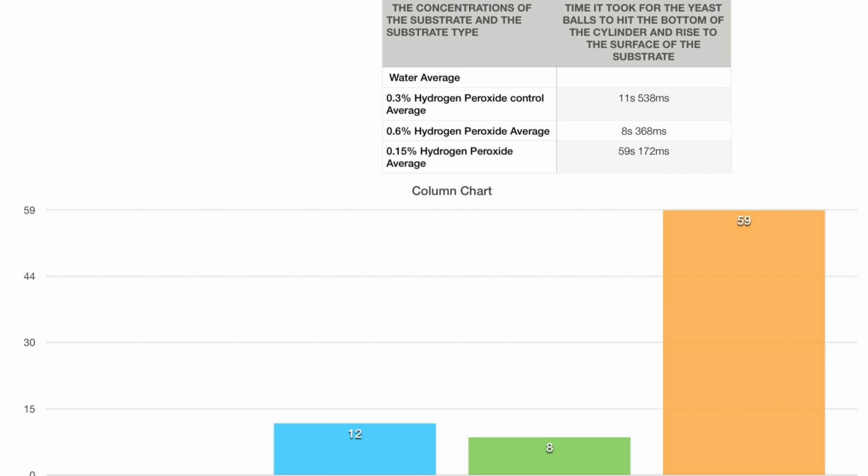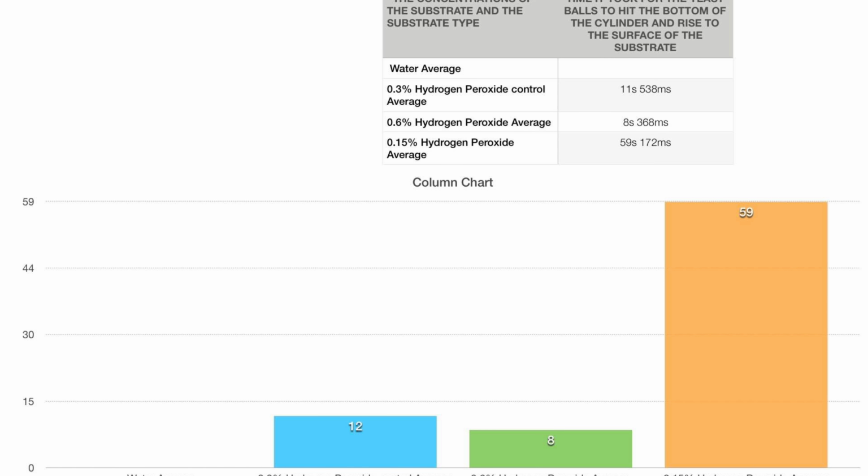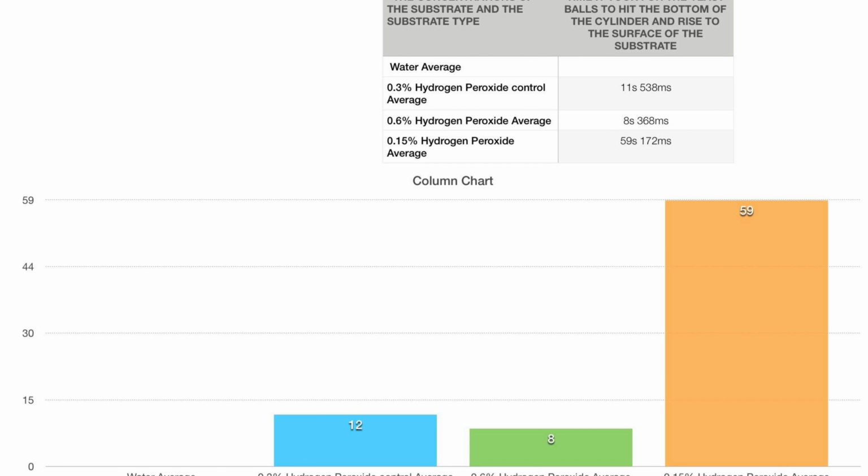And so the control average for the 0.3, which was kind of like the control for the hydrogen peroxide, had an average time out of 5 trials of 11.538 seconds. And then the 0.6 hydrogen peroxide average is 8.368 seconds, so much faster.